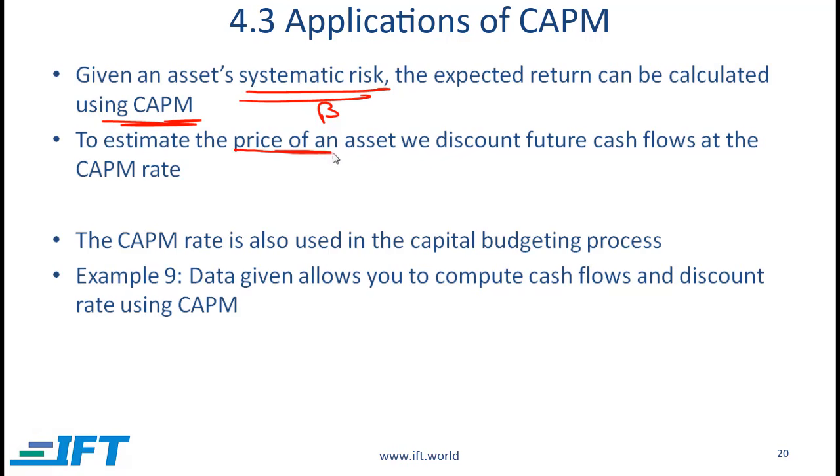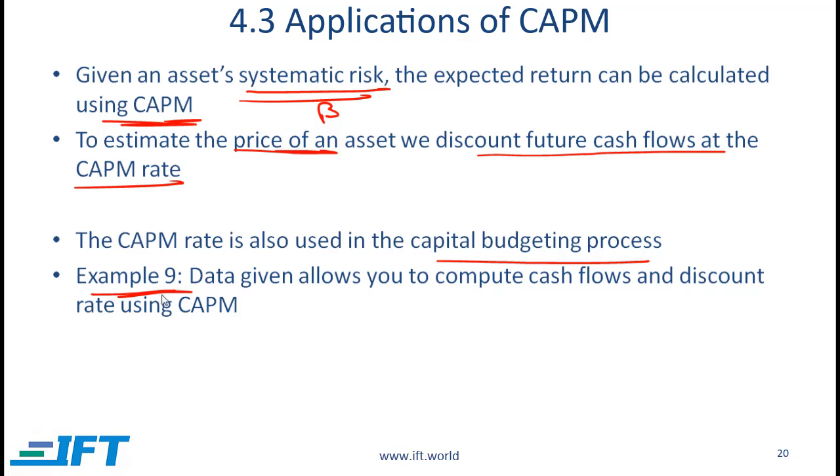Then if we want to estimate the price of an asset, we can discount future cash flows at the CAPM rate. The CAPM rate is also used in the capital budgeting process. We saw this in the cost of capital reading, and then we also used this in the capital budgeting reading in corporate finance. We have actually seen the CAPM formula before.